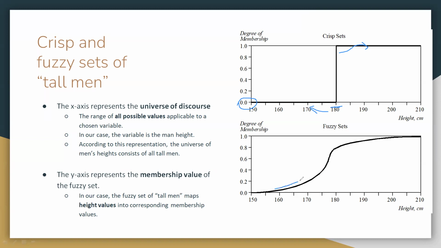You can see here, you're gradually progressing like this to show that all the values below 180 will have some membership degree, varying from 0 to maybe 0.5, or something like that, above 0.6 you can say. And all the other values are still 1. When the height of the person becomes 210, the degree of membership becomes approximately 1.